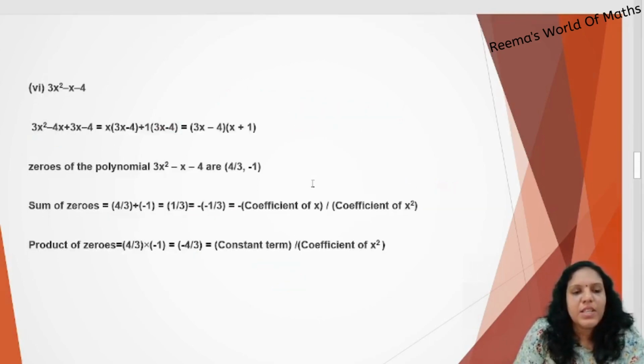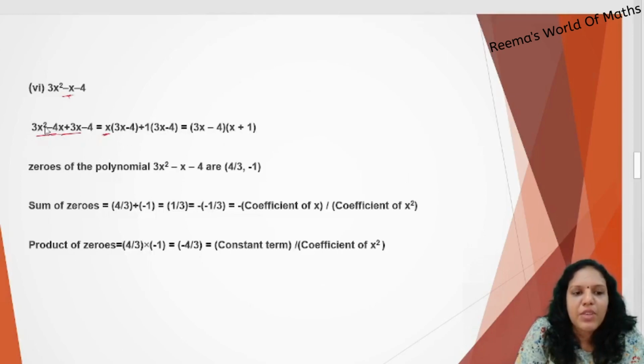The last question is 3x squared minus x minus 4. Similarly, we can split minus x as minus 4x plus 3x. In the first part, 3x squared minus 4x, we have x common.